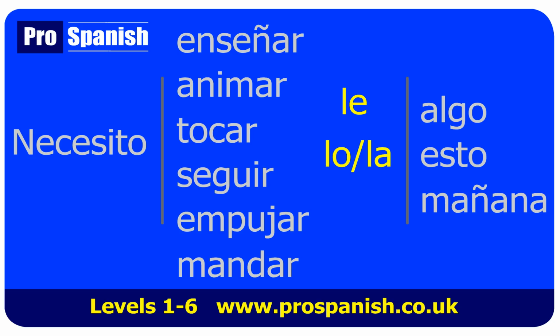So let's decide. First of all, you decide, is it le? No, it's not. So then, is it going to be lo or la, him or her? Okay, let's try this. How would you say, I need to show him this?